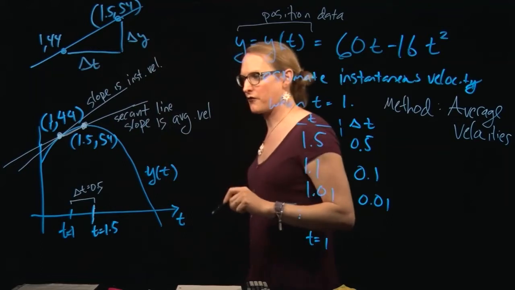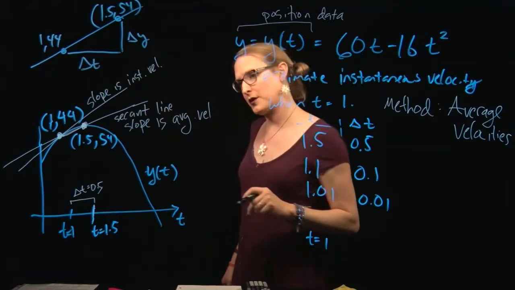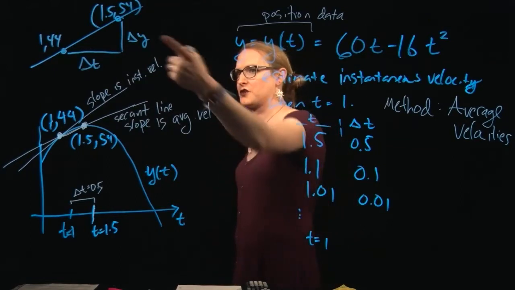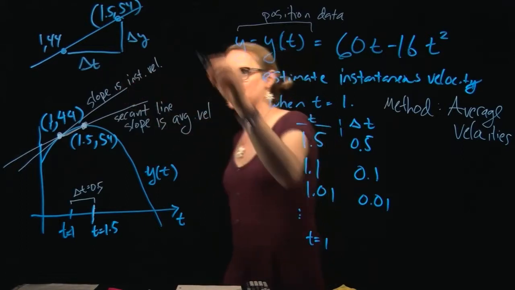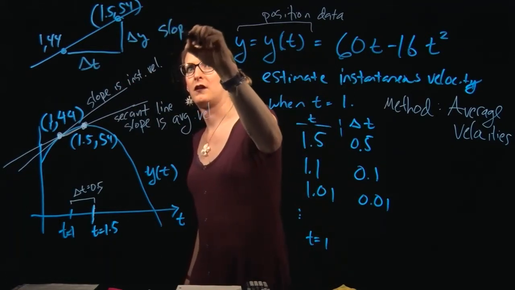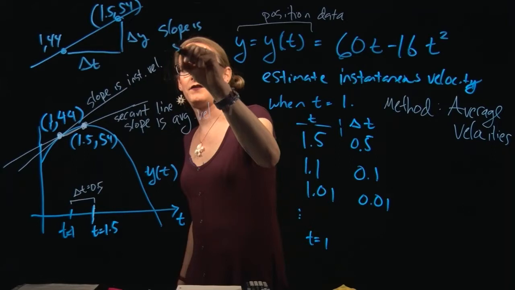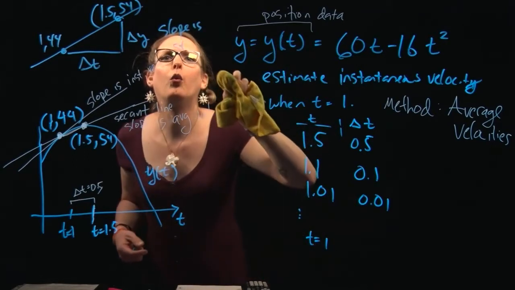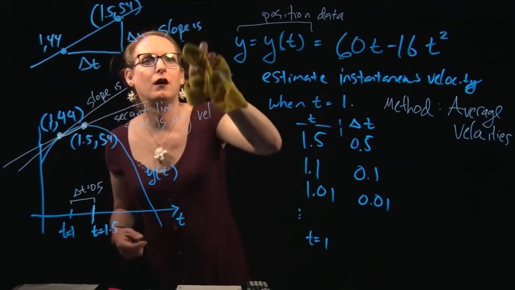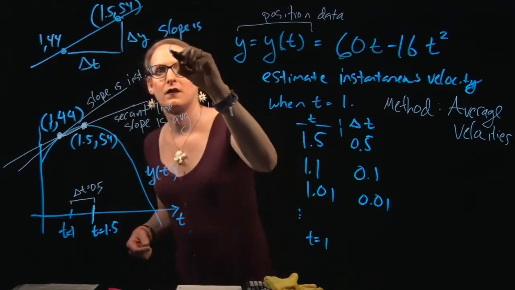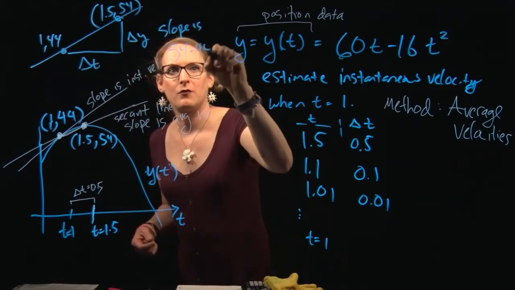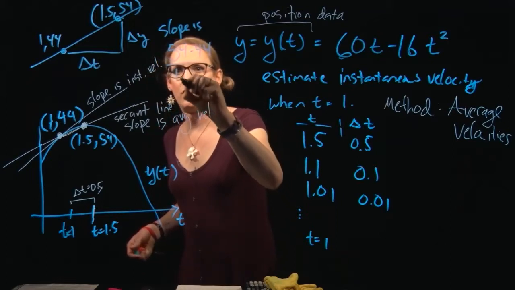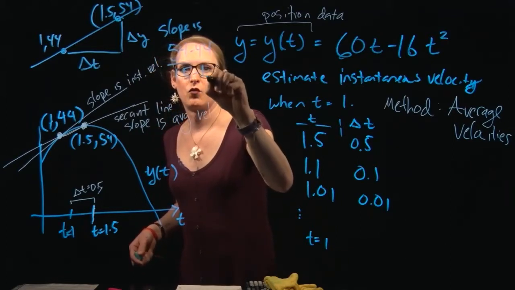So we're going to invoke our friend slope. The slope formula, rise over run. So delta y over delta t. And the slope is then 54 minus 44 divided by 1.5 minus 1.0.